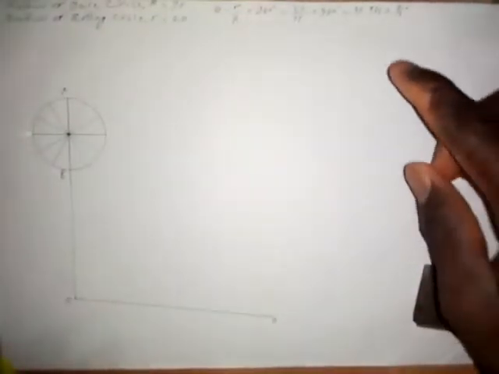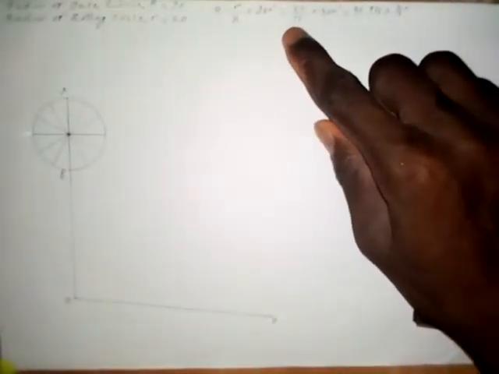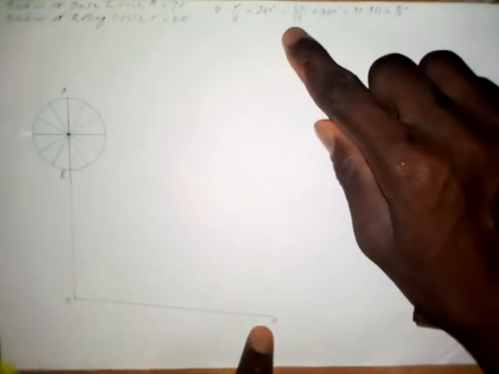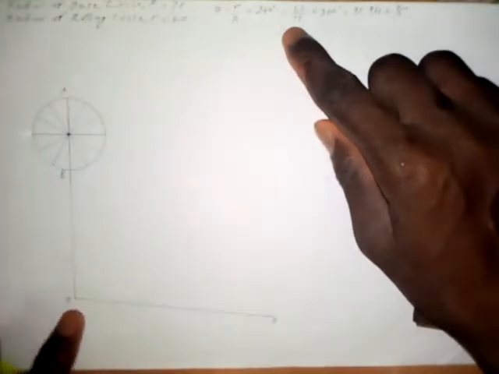Okay. So the next thing that you need to do is to calculate an angle, and that angle is the angle between line OA and line OB. This is the angle, this angle here.